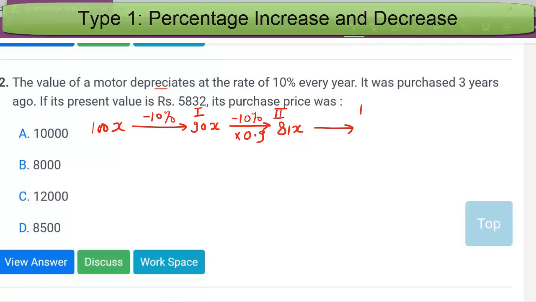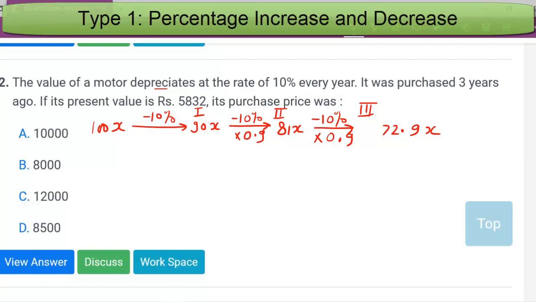Similarly in the third year it depreciates by 10%, so again I will multiply this by 0.9. So after 3 years I will get 72.9x, right? So this is the value of 100x after 3 years.